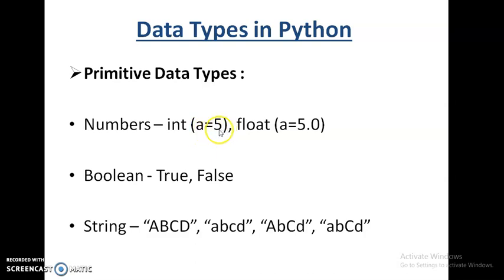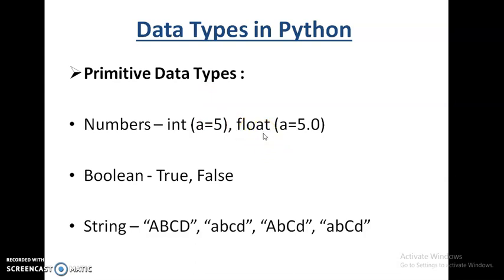This means 5 is a value or data that is assigned to variable a. Note that I have assigned only a single value to a single variable. Since this is only one value assigned to a single variable, this is called a primitive data type.